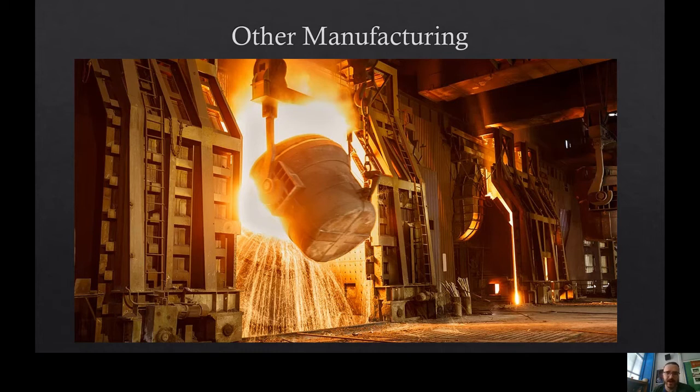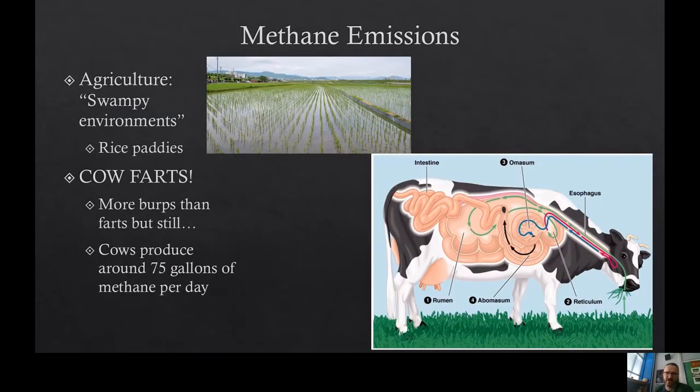Typically, what we do to generate the high temperatures to melt these metals, like steel, copper, you name it, is you use something like coal or natural gas to heat this stuff up, melt it down, and then we can shape it however we want. These processes of manufacturing things, making things out of metal, also generate lots of CO2 when you consider that they need a lot of fuel to actually produce these temperatures to melt these rocks. So that pretty much covered all of CO2, the major sources of human-created CO2.